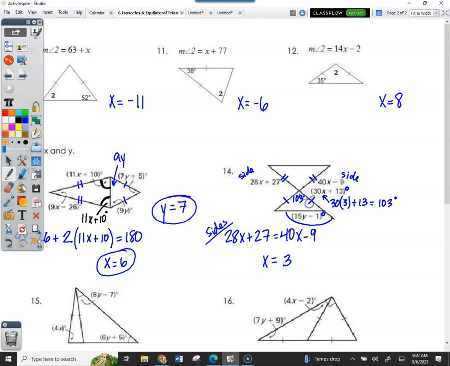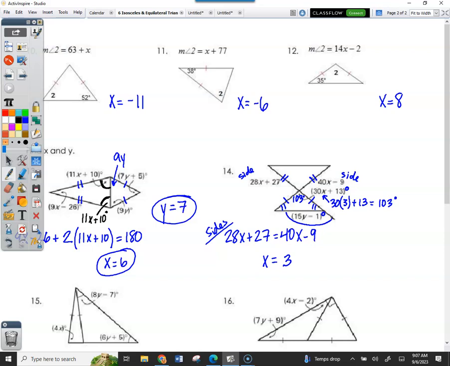We do have another isosceles triangle here. So if I mark these base angles congruent down here, could I actually find out how many degrees are in those base angles? Yes. So if there's 103 in the top, how much is left in the total?